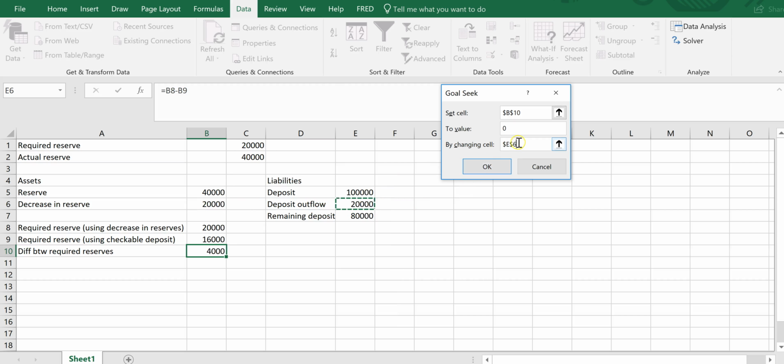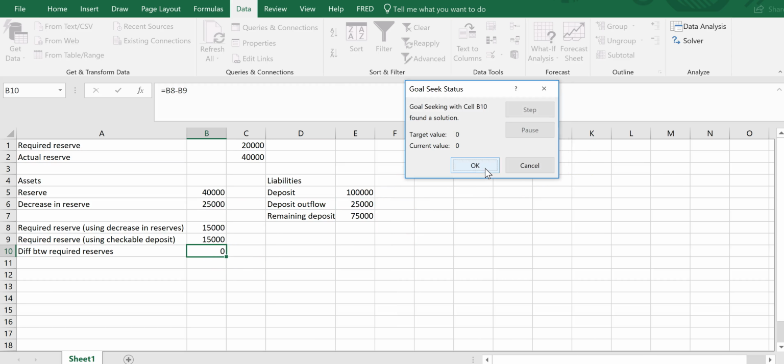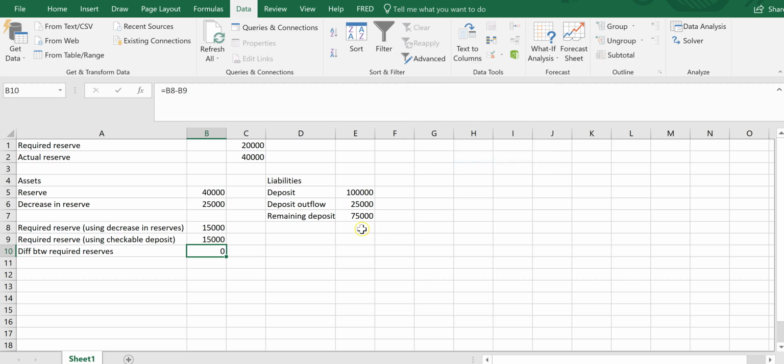So if I change this unknown, this number will also change. And you can see that now Excel has helped me figure out if deposit outflow equals this $25,000, then the difference between the two reserves will be 0, which means these two reserves will be the same. And that's my target. Decreasing reserves is also the same as that one because I assumed these two to be the same.